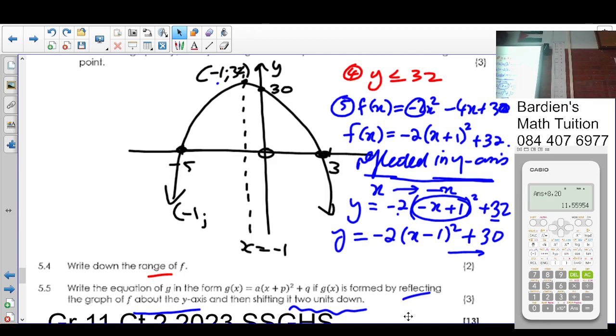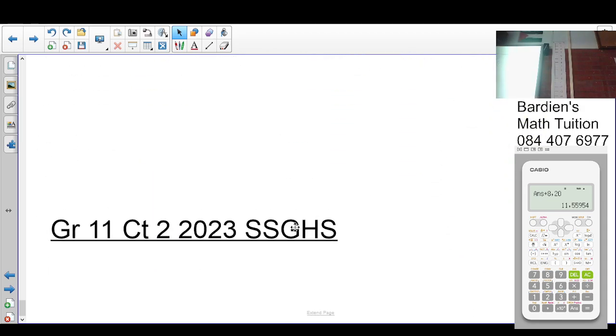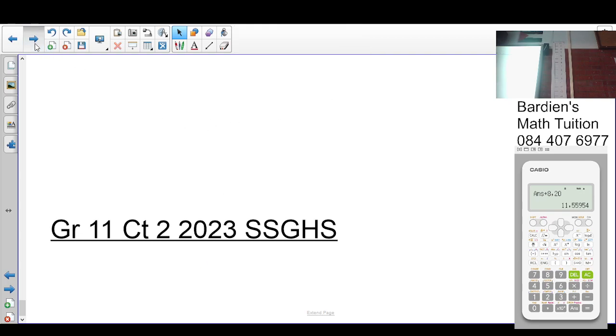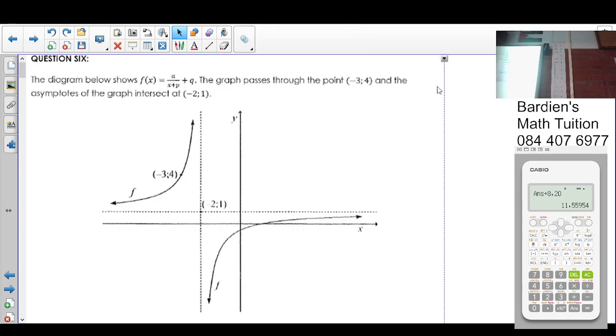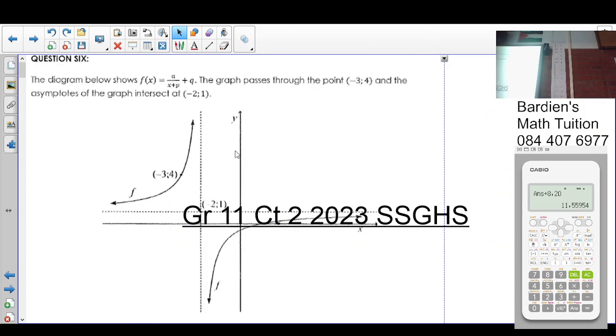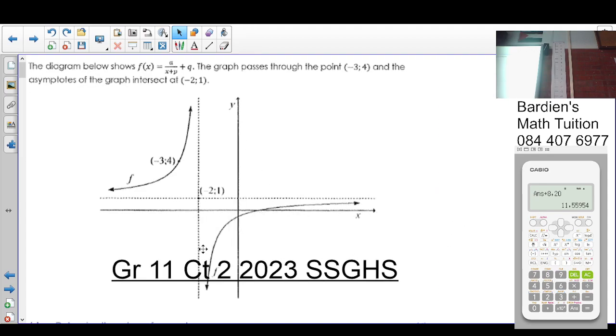Okay, whoever has a problem with the marking will sort that out. I didn't mark this paper. Right, next. Listen, I just want to give you guys marks, but I see the others don't want to give you marks.